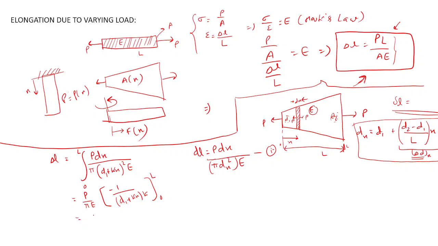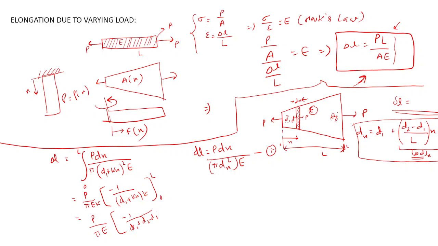So now we put the limits. It is P by pi E, minus, we will take k out, so it becomes minus 1 by k, and when we put L here, so k is d2 minus d1 by L, and L and L will cancel out, right?